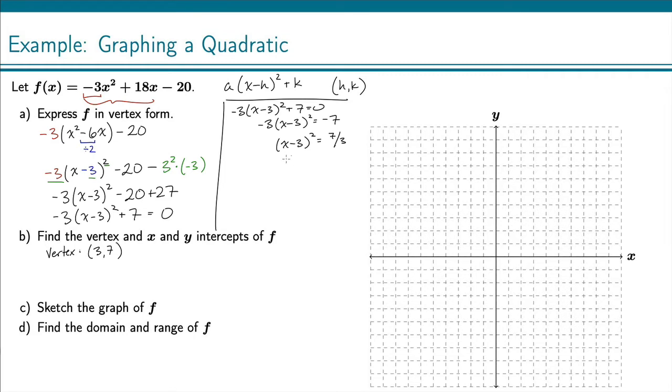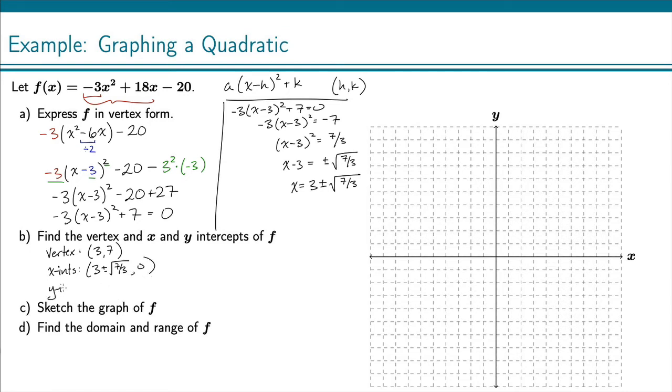Then we can take the square root, and when we do, we get a plus or minus, so plus or minus the square root of 7/3. Then we add 3 to both sides. We get x equals 3 plus or minus the square root of 7/3. So those are our x-intercepts: 3 plus or minus square root of 7/3, comma 0.